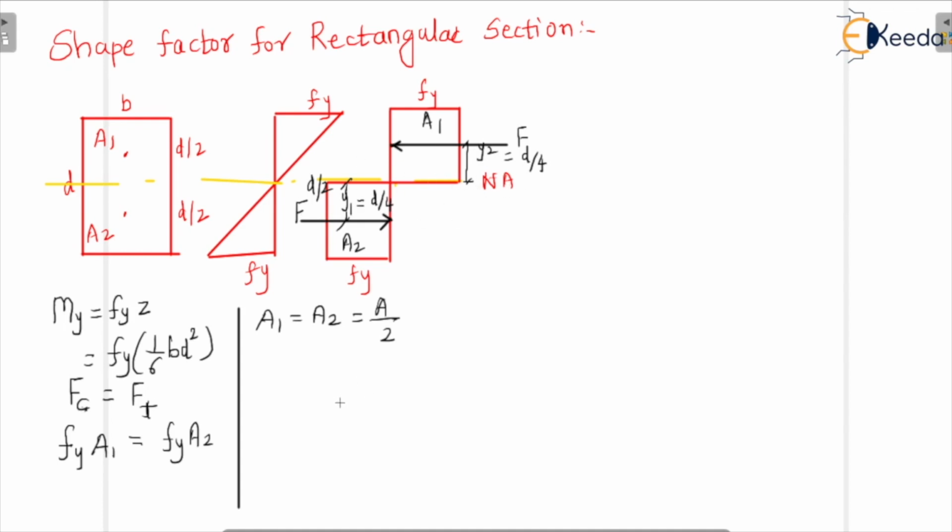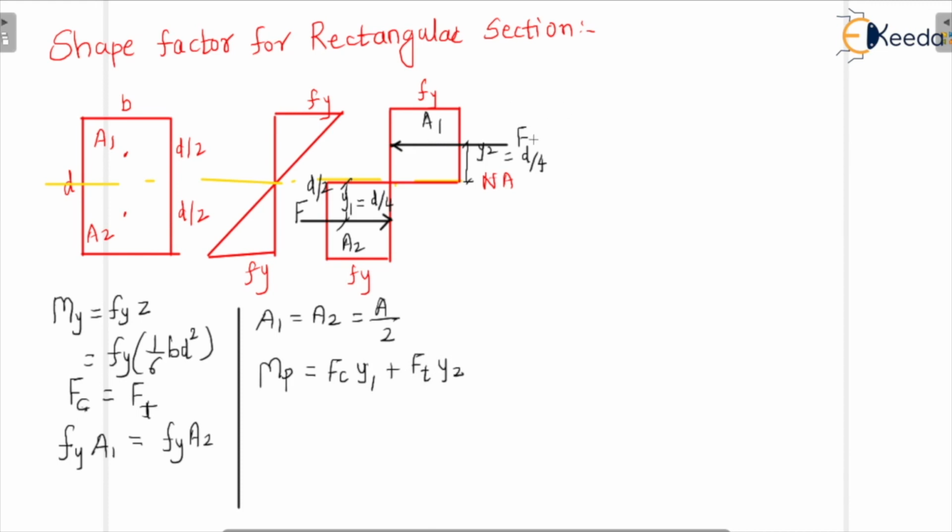So plastic moment capacity is the moment of resistance when the yield stress Fy is reached at all fibers, right? How are we going to show it? That is Mp. So Mp is equal to Fc into A1 into Y1 plus Ft into A2 into Y2.